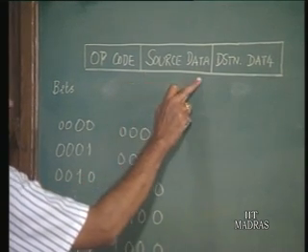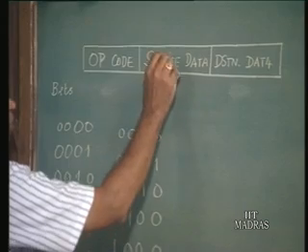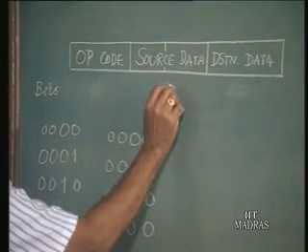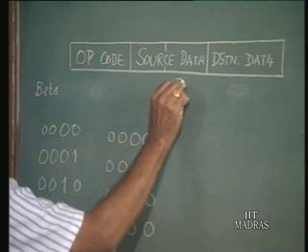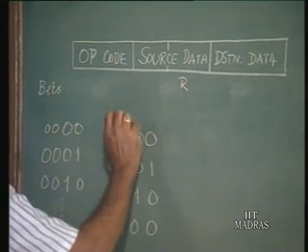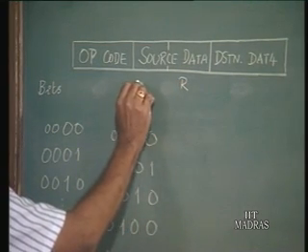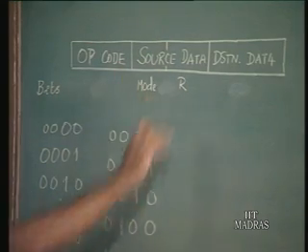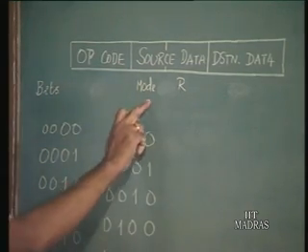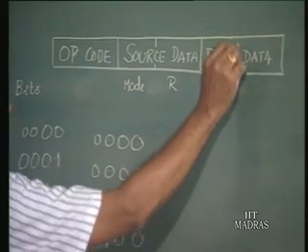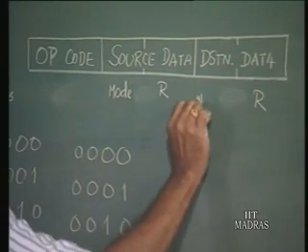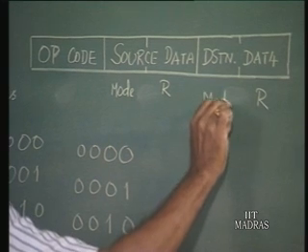So, the source data will be referred to through 2 different fields. One half of the field will be referring to the register, and another half of the field will be referring to the mode. So, mode of the source data, that is one thing, and similarly about this also. This is of course for double operand instruction.